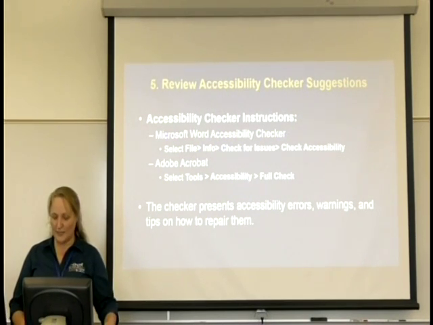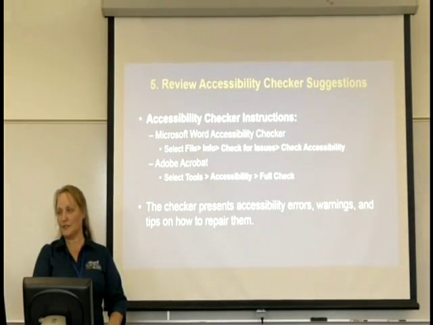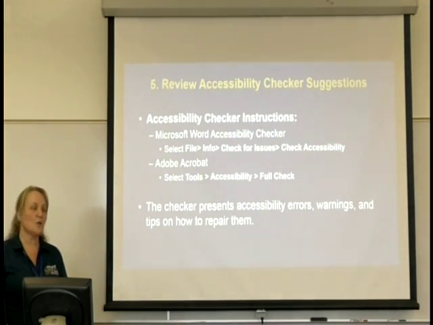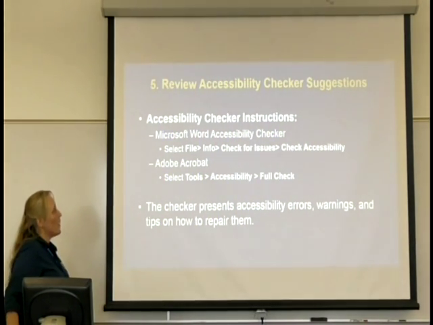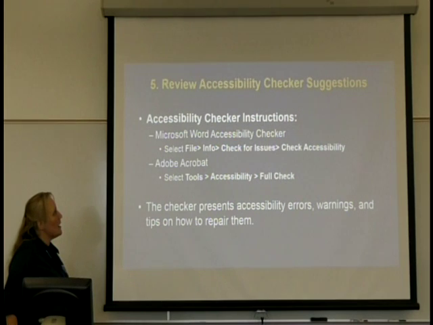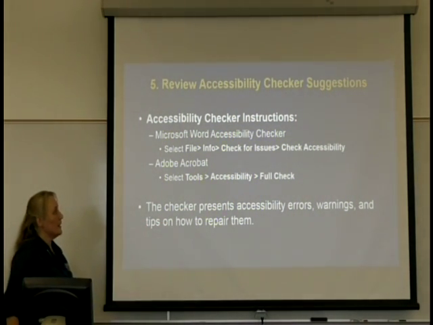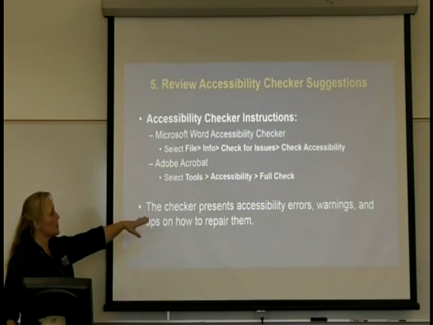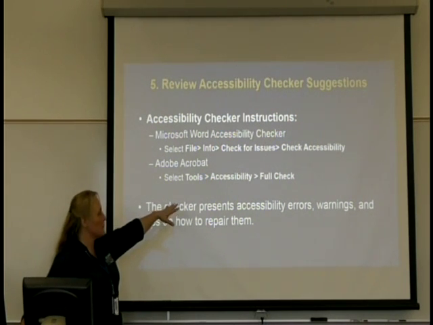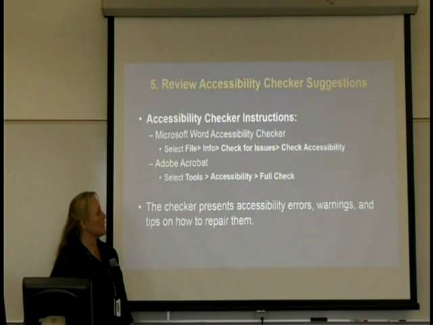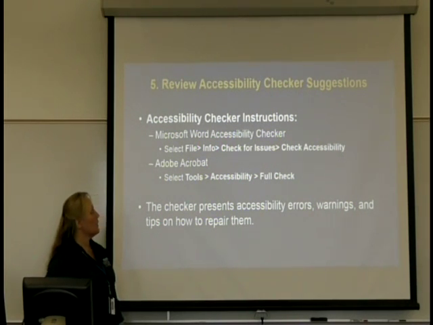The next item is to review accessibility checker suggestions. Built into the Microsoft products and Adobe as well, they provide an accessibility checker. You can do a full check for Acrobat, and it's not the reader, so you have to actually purchase the program to get this, and check accessibility in all of the Microsoft products.